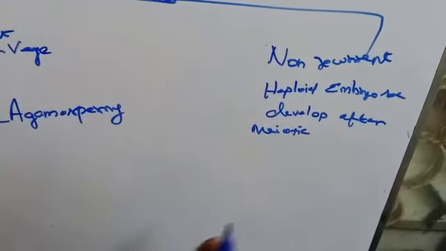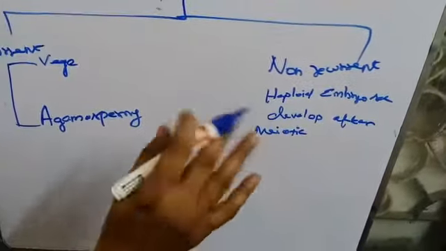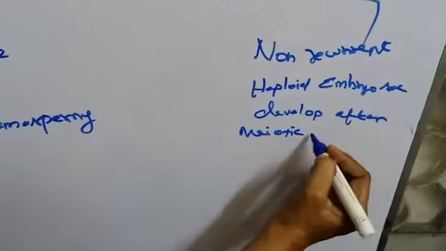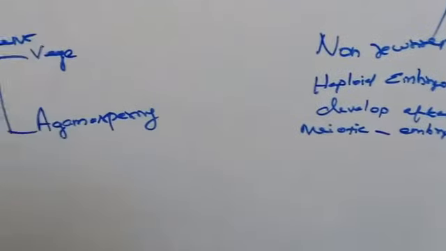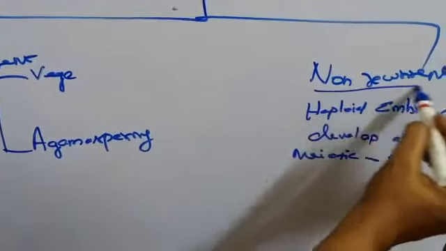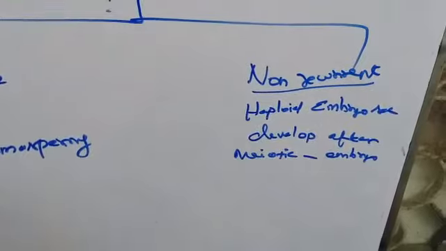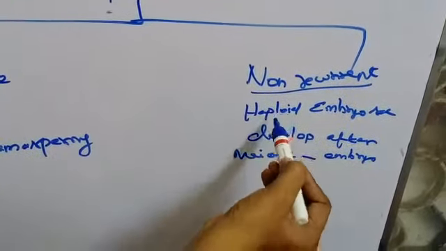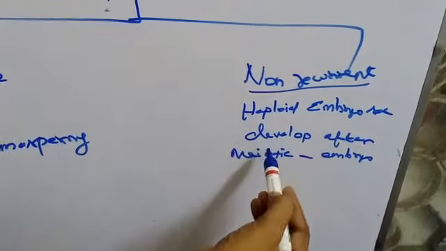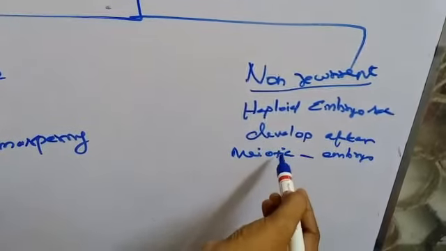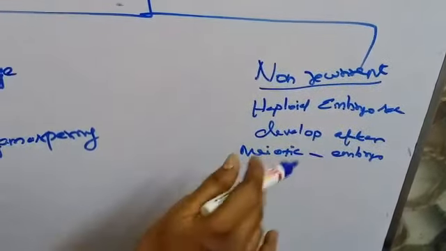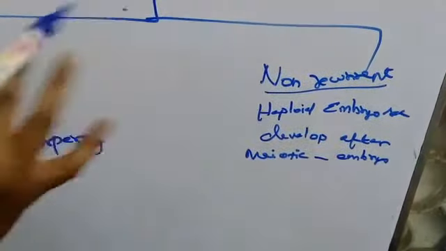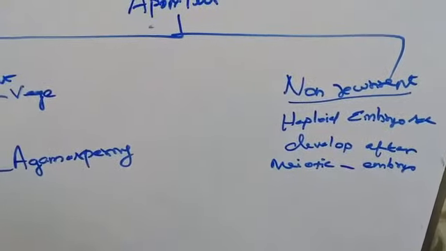The haploid embryo sac develops after meiotic division and develops into embryo without fertilization. That is known as non-recurrent apomixis. I'll repeat again: haploid embryo sac develops after what division? Meiotic division. But after that, the embryo is formed without fertilization. So these are the two types of apomixis.